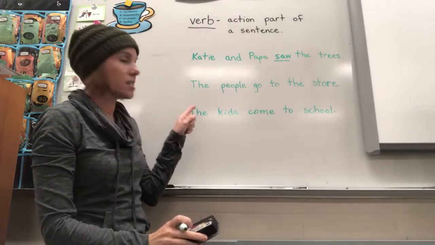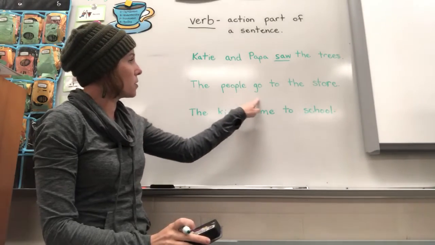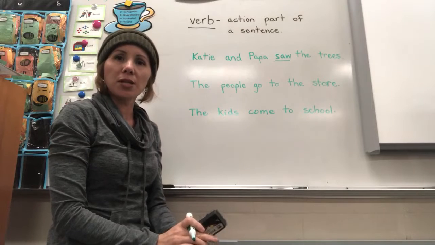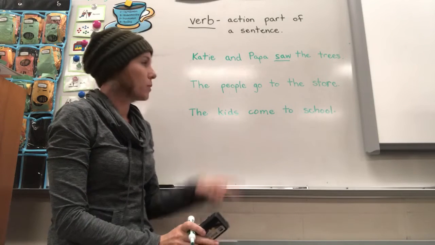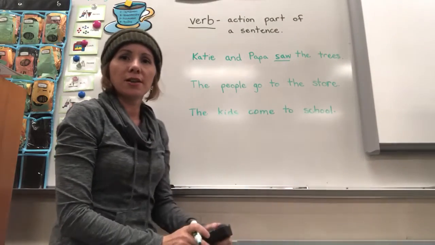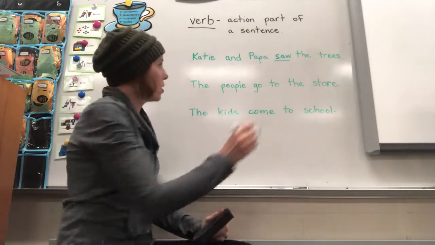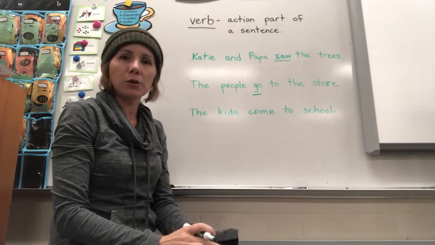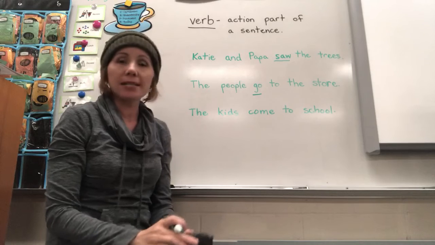All right, let's read the next one. The people go to the store. What's the action? What did they do in that sentence? We know the noun is the people. It also could be the store. So the action or the verb would be go. They go to the store. That's what they do. So that means it's happening right now.